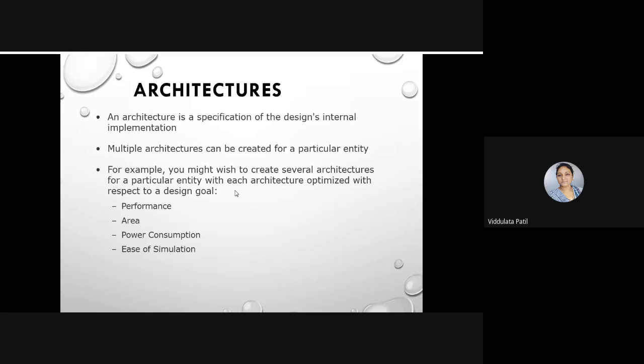So, depending on this structure, whenever we are writing code, at that time we look at how it is going to perform, what will be the area occupied by that design, what will be the power consumption, that means the power dissipation across each of the components in that design, and how easy it is for simulation.